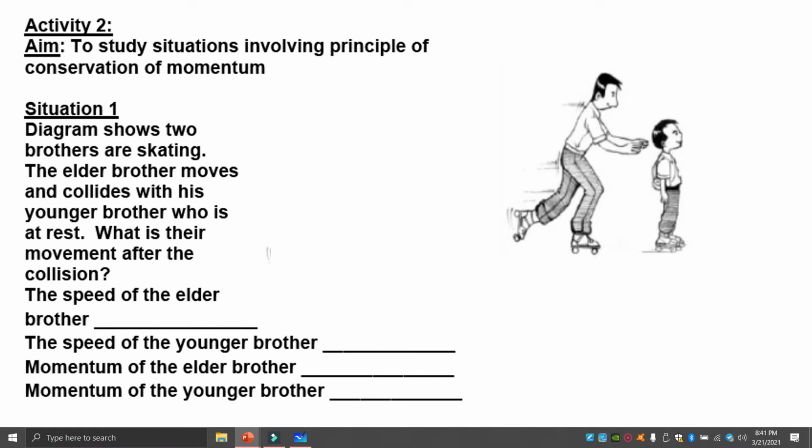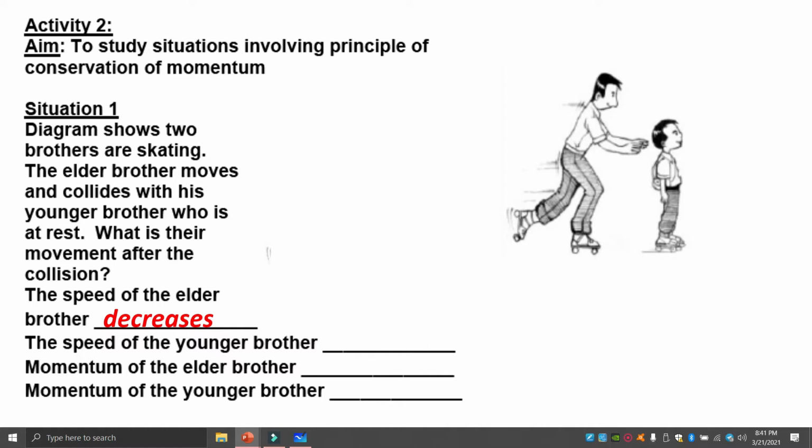What happened to the speed? Whether the boy will still be at rest, or maybe the elder brother will stop moving. So we see about that. What happened to the speed of the elder brother? It will decrease.